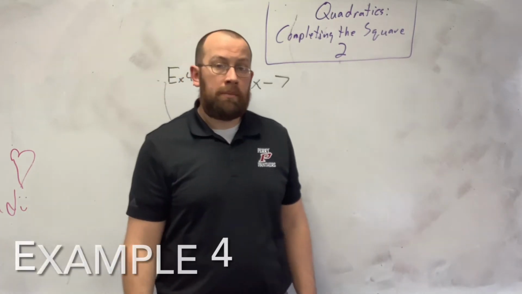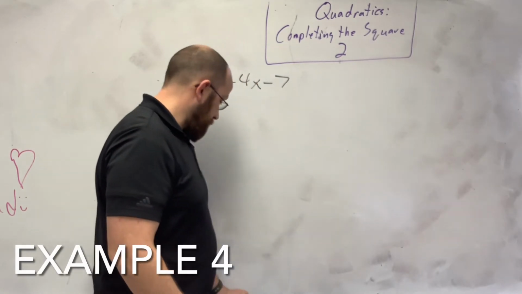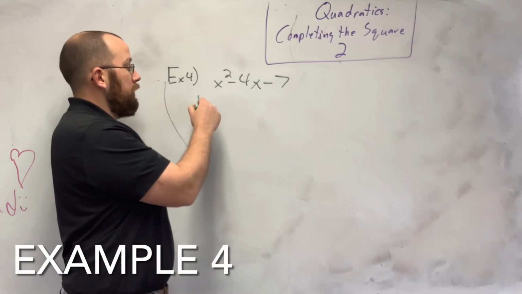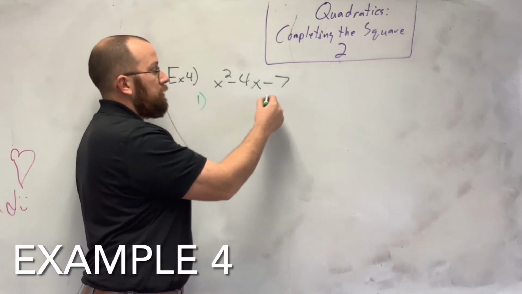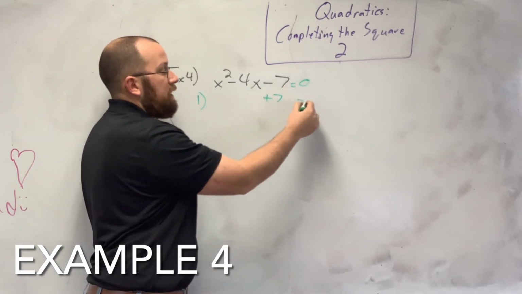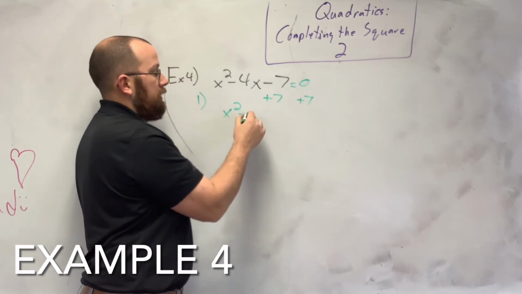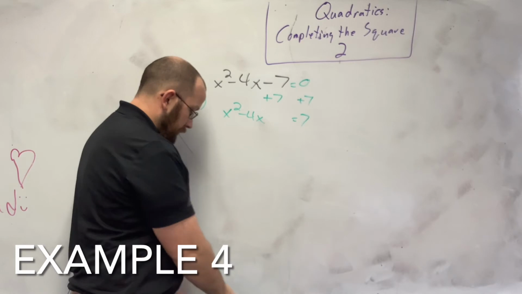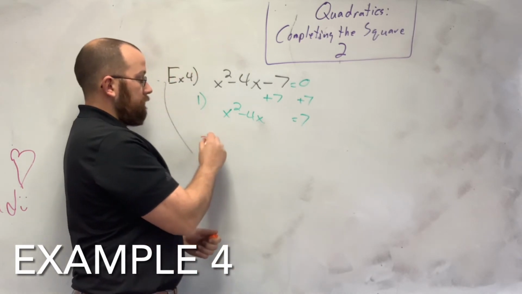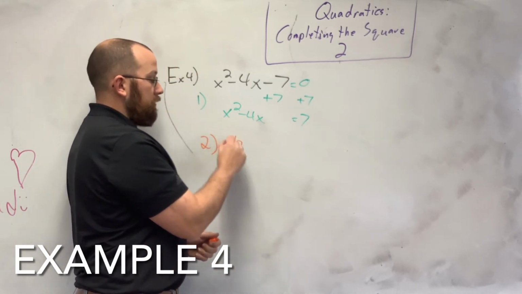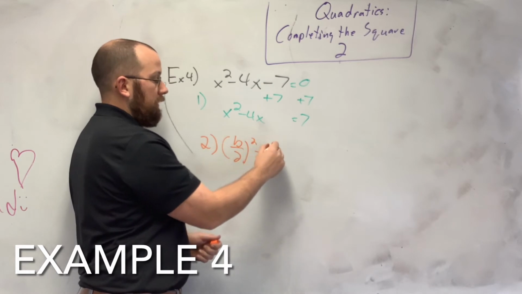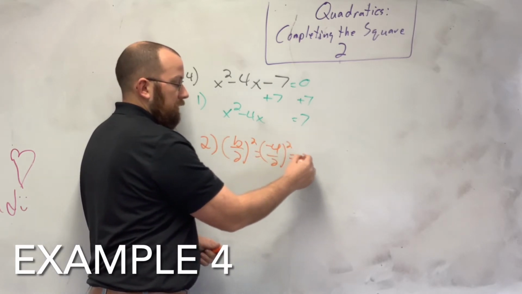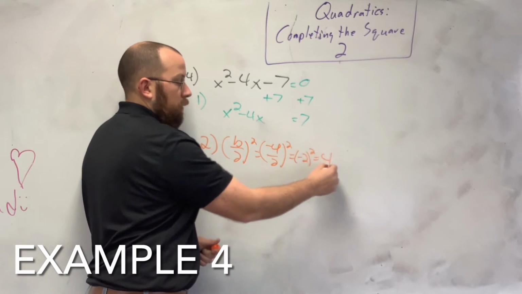All right, for this one, I'm going to go all the way through and find all the answers. Find the zeros, if you will. So, step 1, I have to move the 7 to the other side. My next step is b over 2 squared, which is 4.